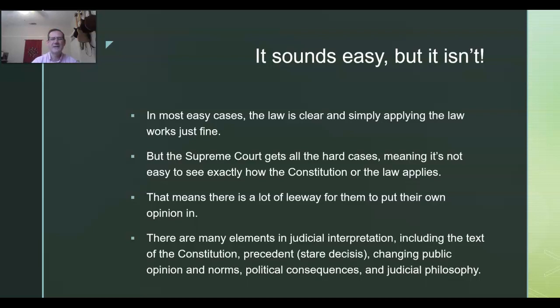There are at least about five different key things that go into judicial interpretation, okay? First, you have the text of the Constitution itself. What does it say? That's the beginning of all constitutional interpretation, really. Then you have what's called precedent, or in Latin, stare decisis. All that means is before we make a new ruling, we're going to look at how judges have ruled on similar cases in the past, okay?